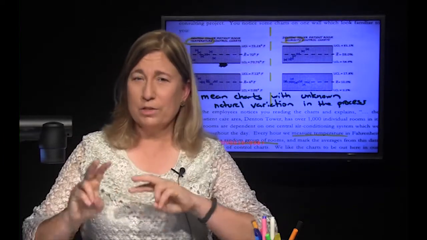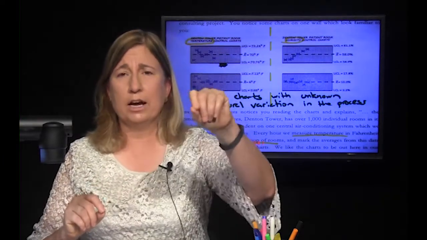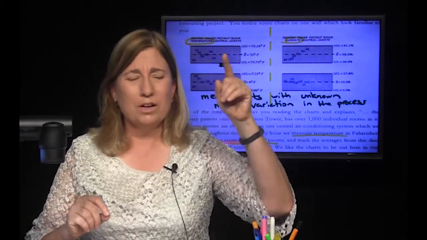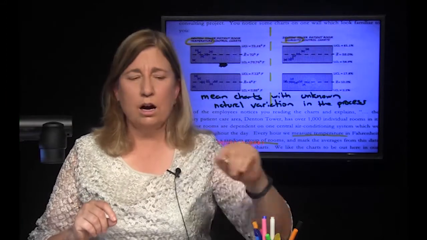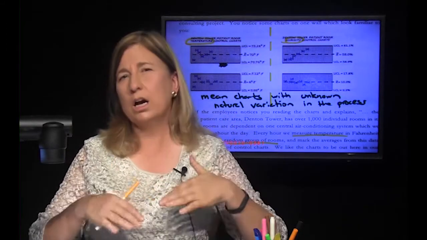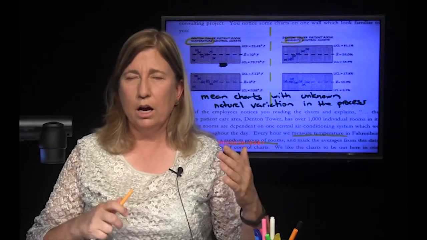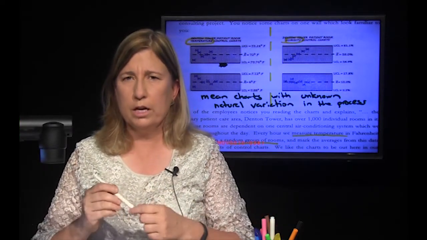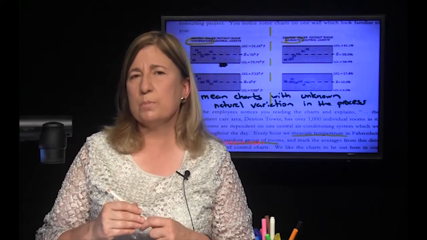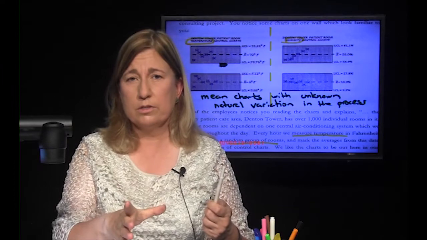One sign of assignable variation is if you plot the data and it's outside the limits, obviously out of control. But another sign of assignable variation, another thing to watch for, and they even kind of hinted at that in describing the story at the bottom of the scenario, is any suspicious patterns within the limits.